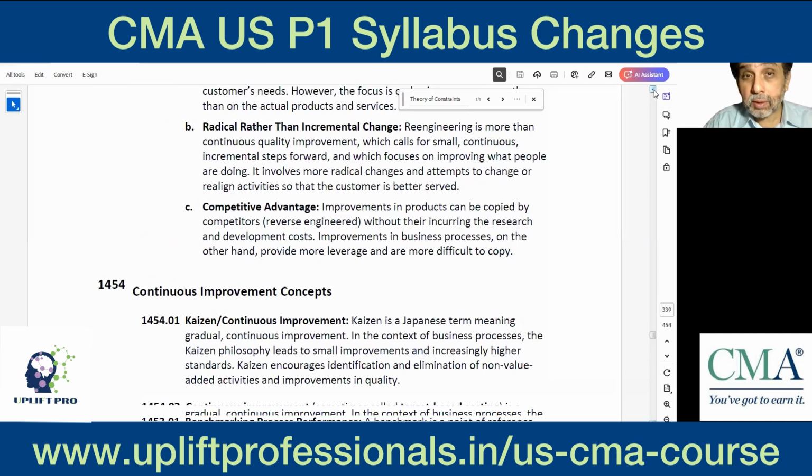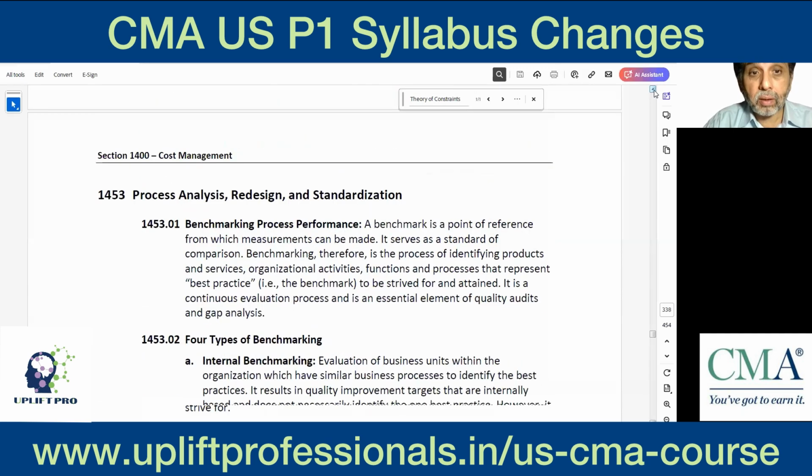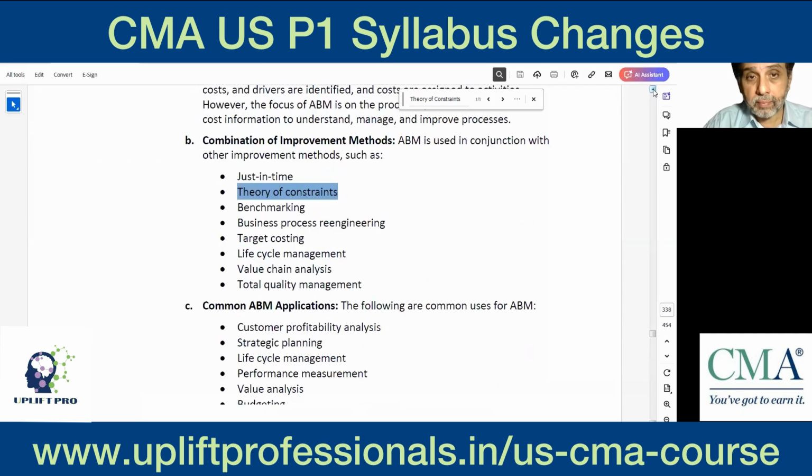Otherwise, under the old syllabus, about 2 or 3 pages of explanation on theory of constraints was there. All others are important: just in time, benchmarking, BPR, business process reengineering, all that is very, very useful. So theory of constraints is just mentioned, nothing else is given. That is a load off your chest.